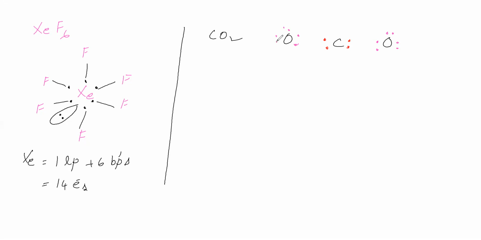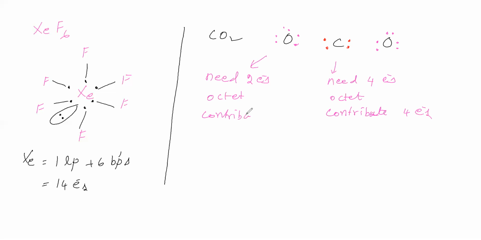Now, carbon is in need of 4 electrons to get an octet, so carbon can contribute 4 electrons. Oxygen's valence shell contains 6 electrons, therefore oxygen is in need of 2 electrons to get an octet, so oxygen can contribute 2 electrons.